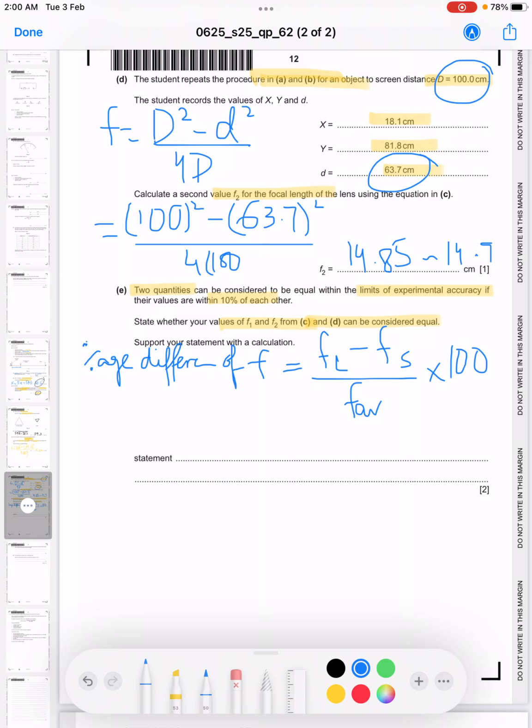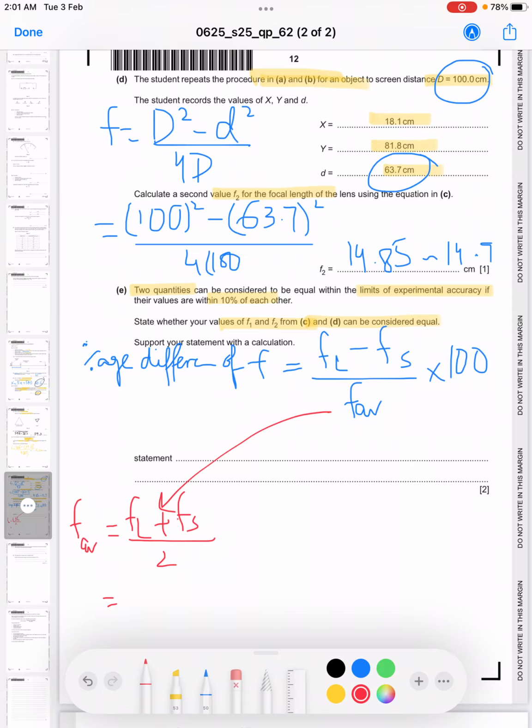So we get the answer as a percentage. So what is F average? The average value of focal length is F larger plus F smaller divided by 2.